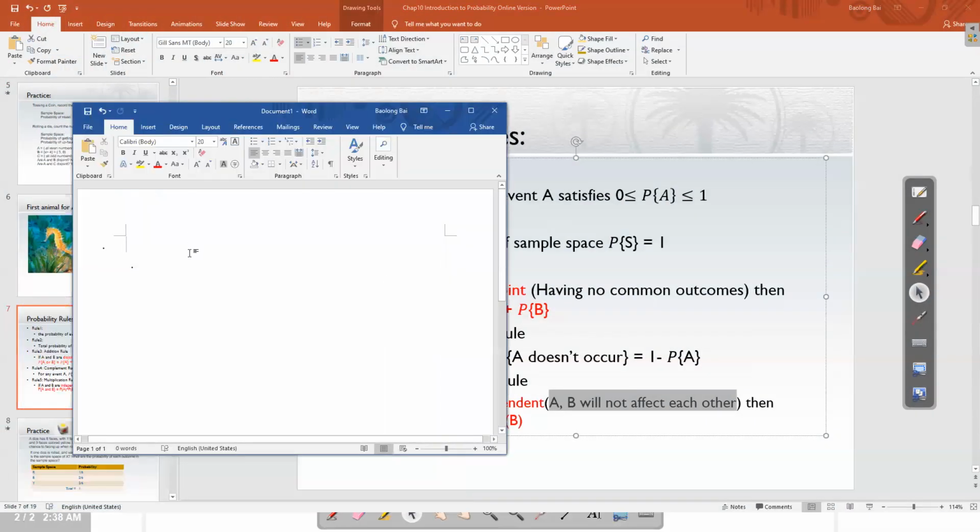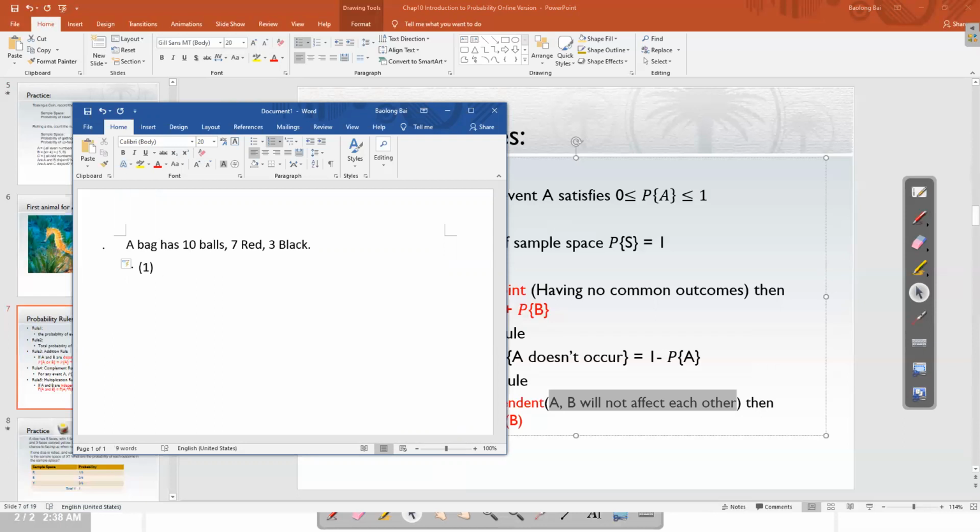So for example, say we have a bag with 10 balls in it. Out of the 10 balls, we have 7 red balls and 3 black balls, okay? Then from the bag, we can define a scenario.